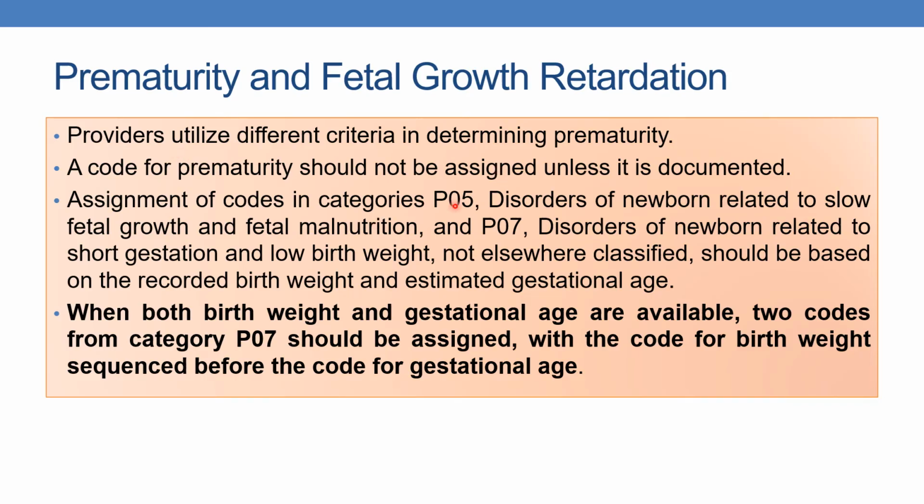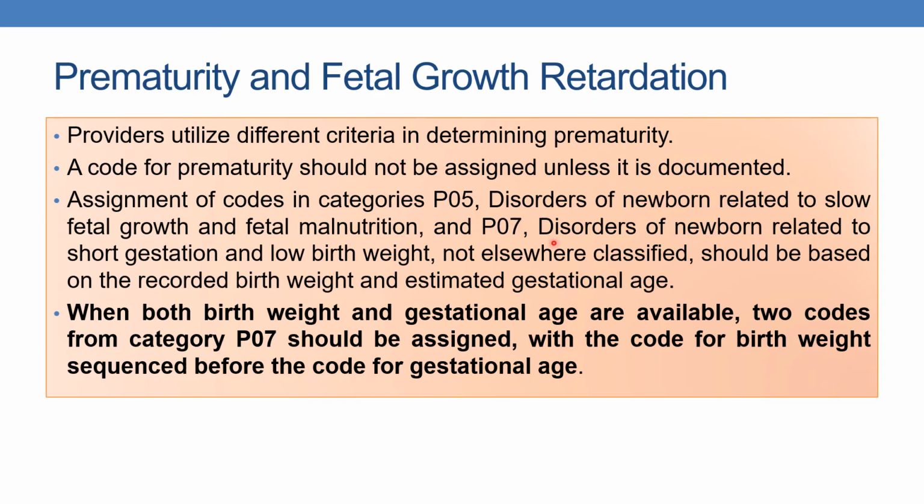And assignment of codes in the category P05, disorders of newborn related to slow fetal growth and fetal malnutrition, and also category P07, disorders of newborn related to short gestation and low birth weight, not elsewhere classified, should be based on the recorded birth weight and estimated gestational age.